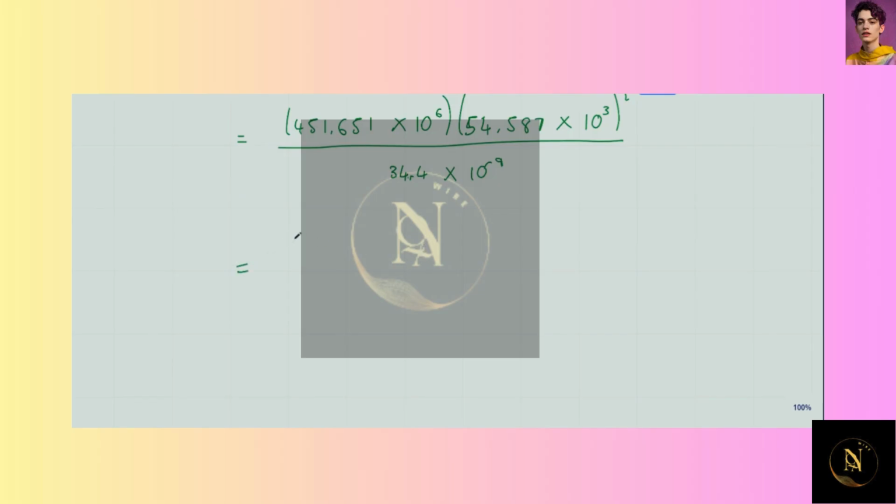Hence we get the mass of Saturn in US units to be 39.1 times 10 to the power 24, that's in pound second squared per foot.